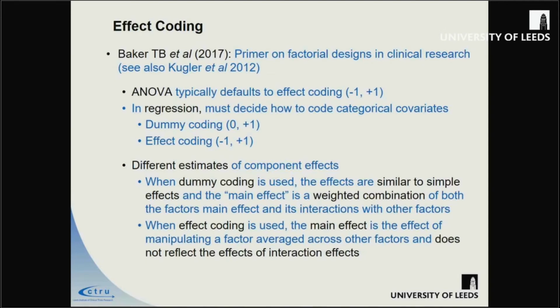So if you're using the effect coding, you are directly estimating the main effect with your analysis. And it is averaged across the other factors, and it makes no reference whatsoever to the interaction effect. So the interaction effect becomes no part of your estimate of your main effect, and as a result of that, you don't really need to know what size the interaction effect is.